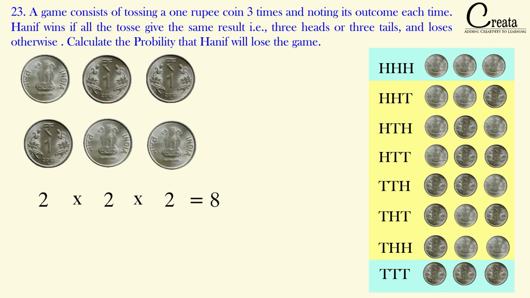We have to calculate the probability of Hanif losing. In other words, we have to find the probability of getting these 6 outputs. In these 6 cases Hanif is losing, and only in 2 cases he is winning.